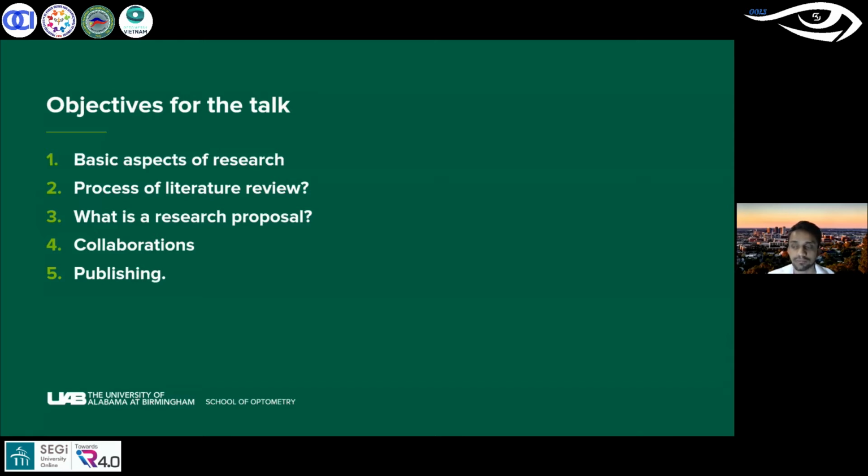And then what is the research proposal beyond that? People who are already in optometry settings like clinics or hospitals, how to work with collaborations, and the last is publishing. This is probably the most dreaded area of research, and probably also the only rewarding aspect of finishing the whole thing is that you will be able to publish your work.